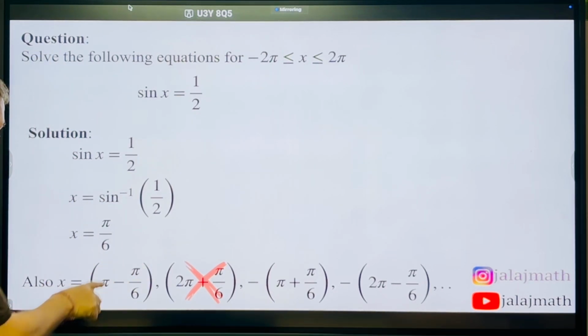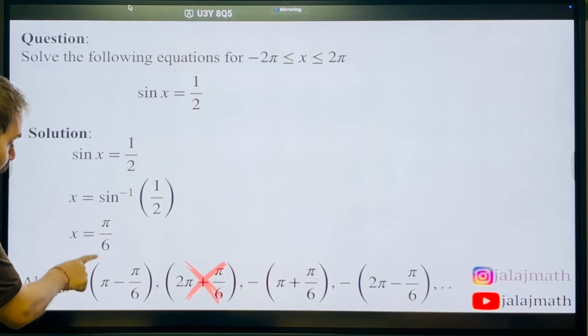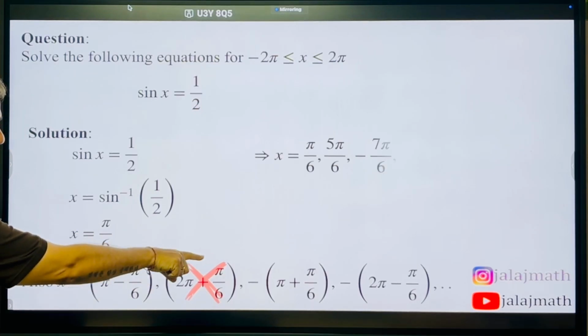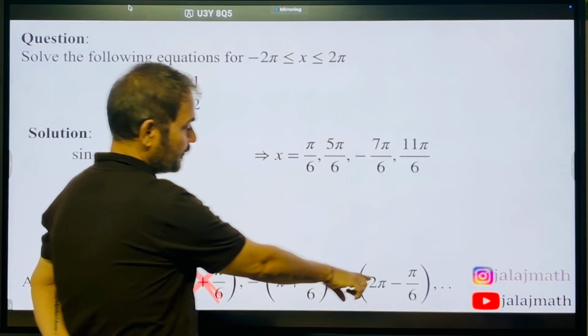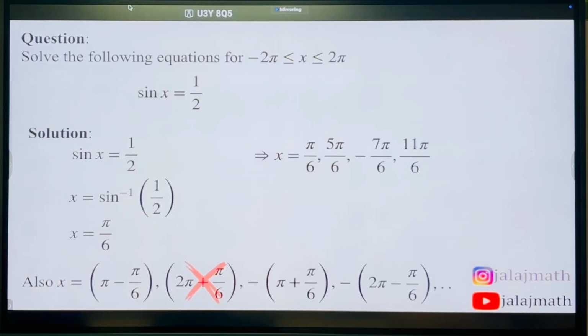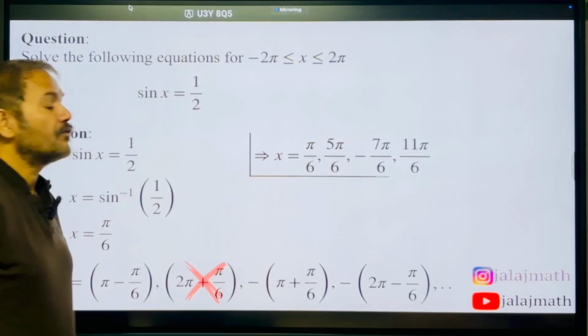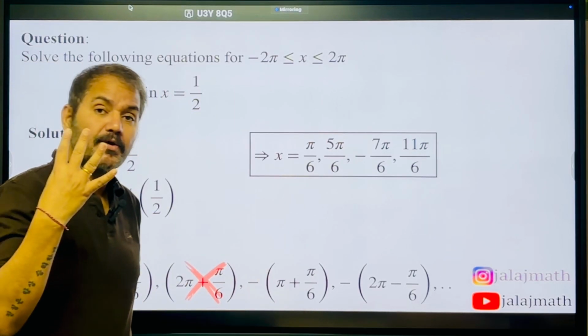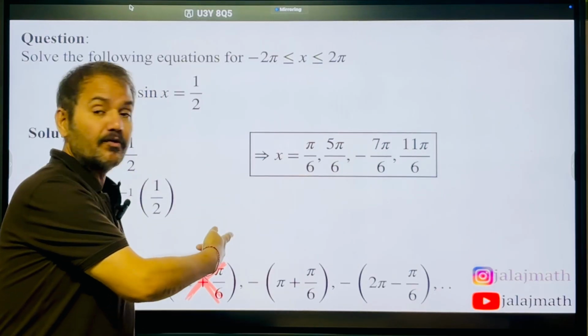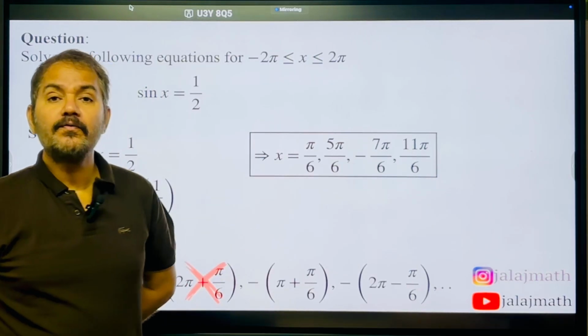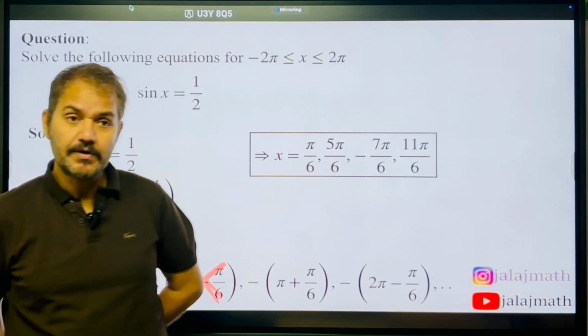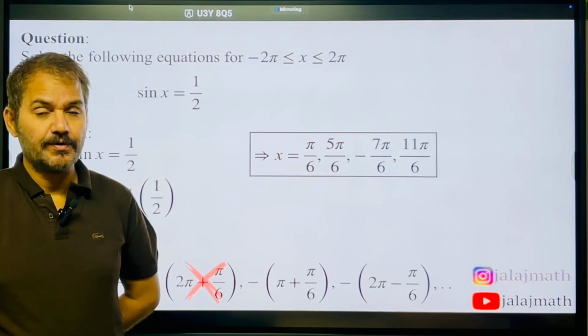So you have 4 values: pi upon 6, pi minus pi by 6, negative of pi plus pi by 6, and negative of 2 pi minus pi by 6. So these are 4 values. Do you remember there were 4 points of intersection? Here are 4 values.